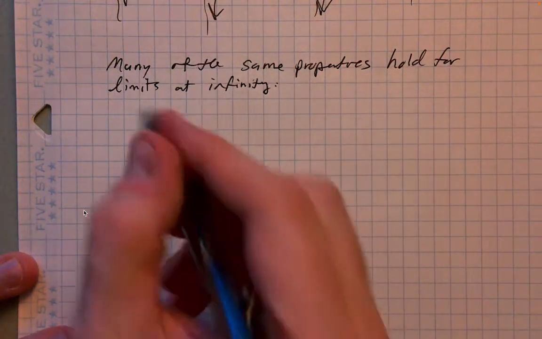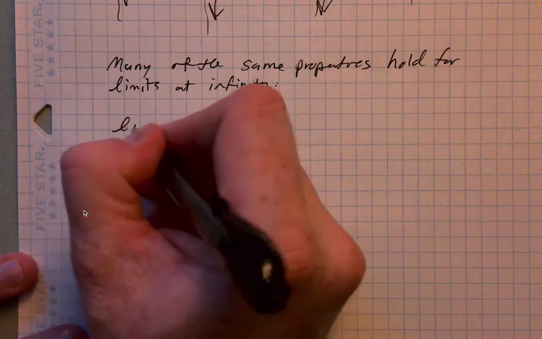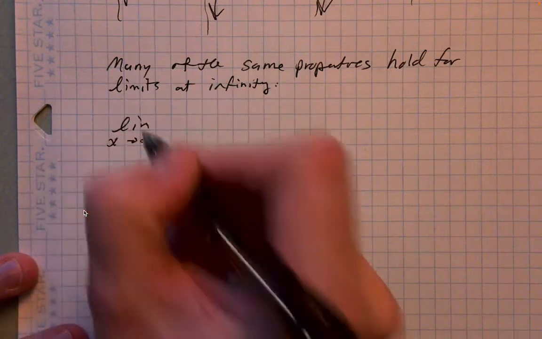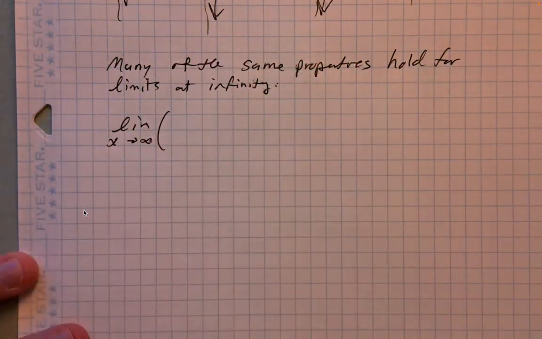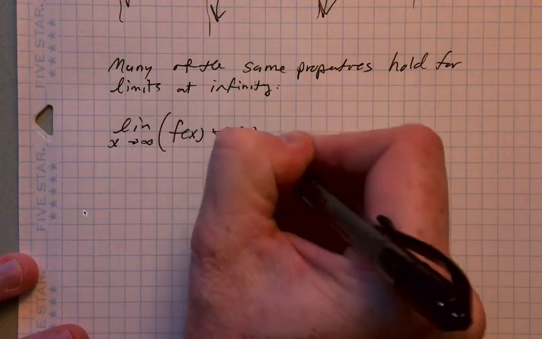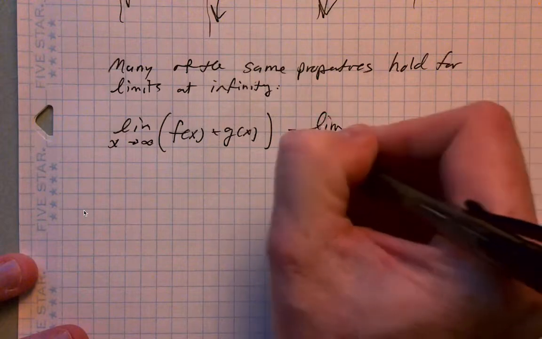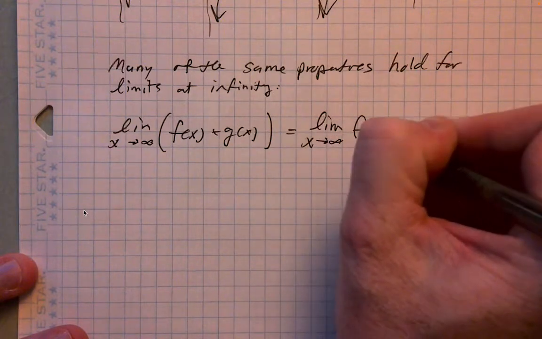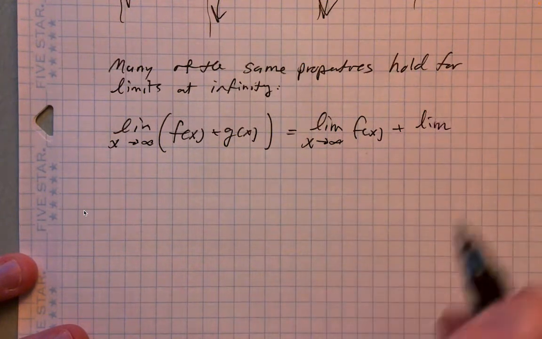A couple of examples would be that the limit as x approaches infinity of a sum like this, f of x plus g of x, you can break the limit up like so.